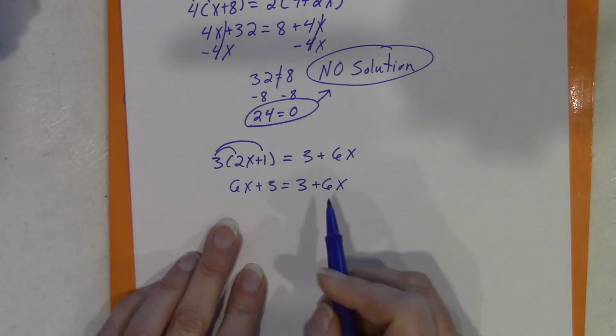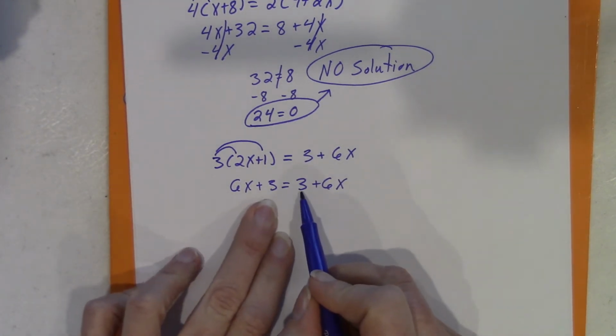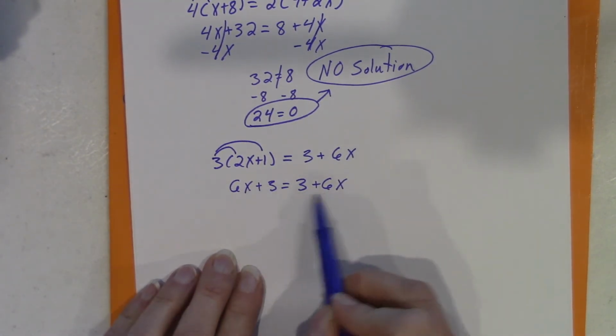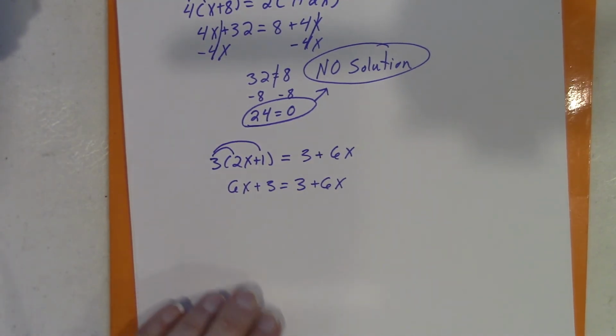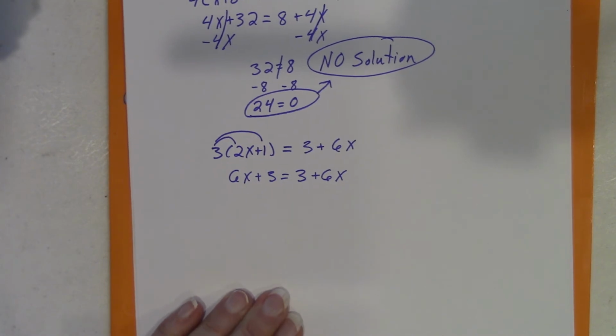All right, it looks like my coefficients are the same and my constants are the same. Just by eyeballing this, I can tell that both sides of my equation are equal. So that's a red flag of what type of solution I'm going to have for this equation.